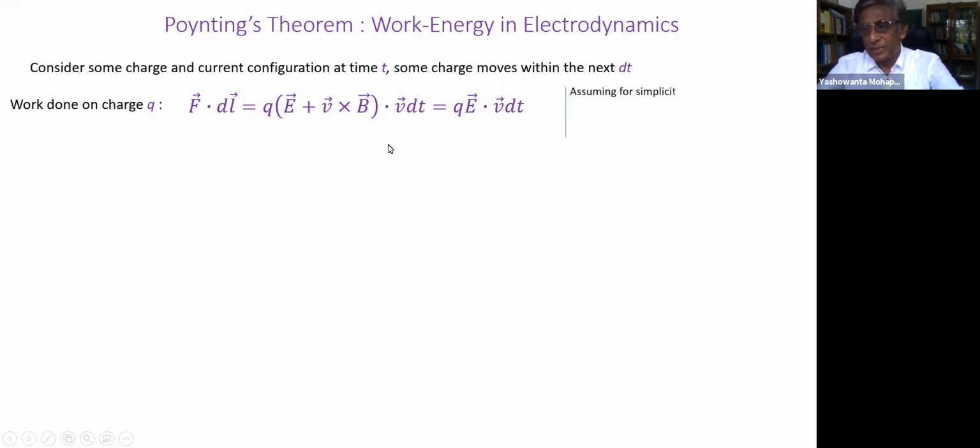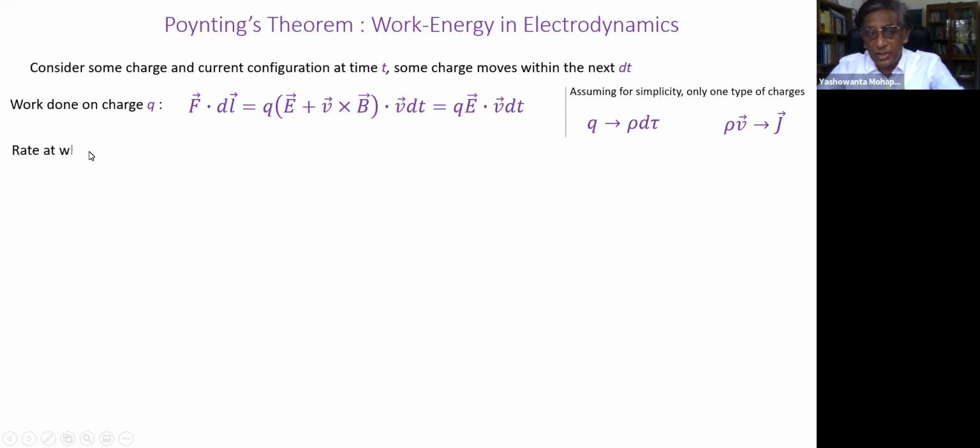Assuming, just for simplicity, only one type of charge, one can do it for more types, but the proof is exactly similar. So I replace this q by rho d tau so that I can go and do an integral form, and this v in terms of J. Rho v we know is J.